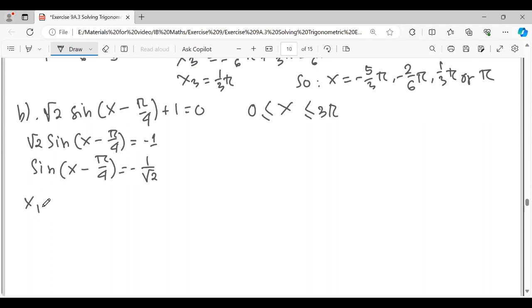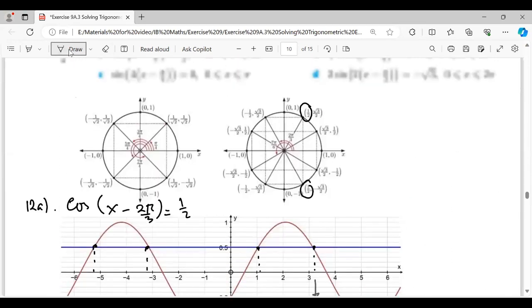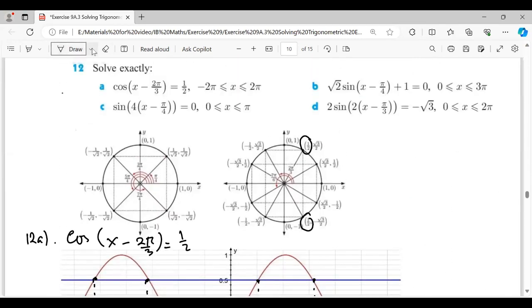So it means x1 minus pi over 4 equals negative 1 over square root 2, and I'm going to show you this in the diagram. This one. Sine at the right side, negative. It means negative this one, and this one as well.